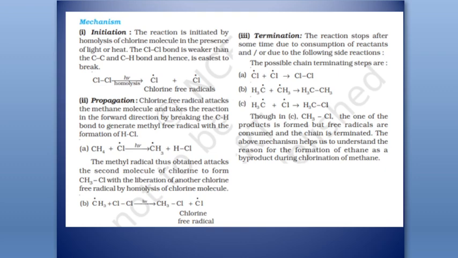And finally in the termination reaction, Cl dot radicals will combine into Cl2 and CH3 dot radicals will combine into ethane, and it will end up in the product.